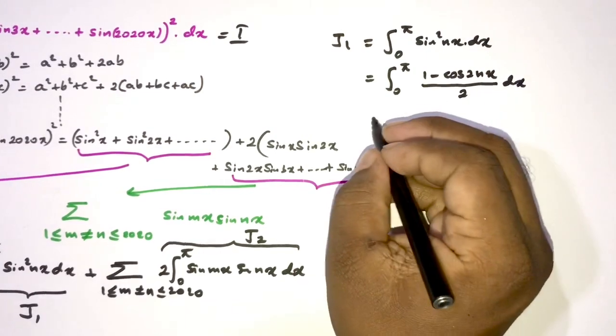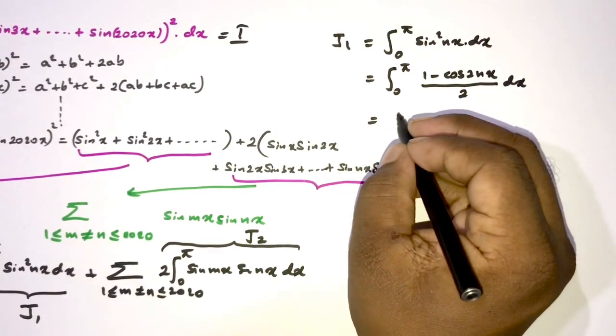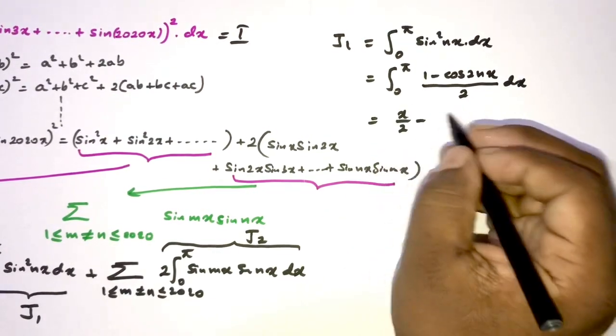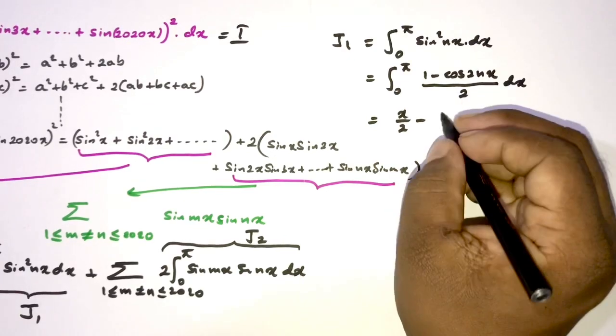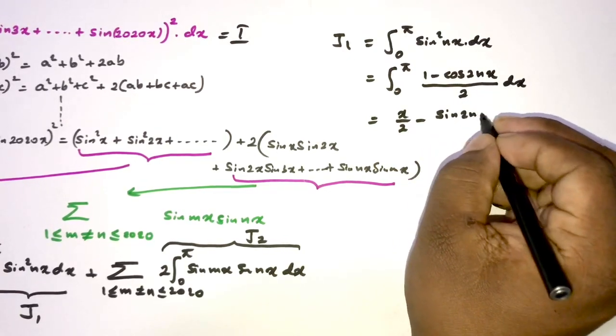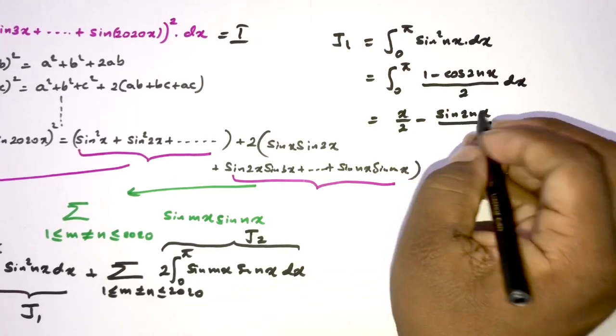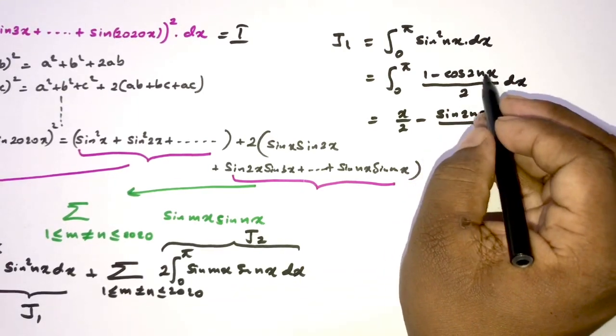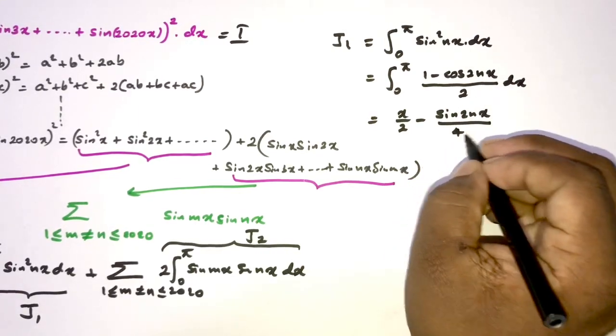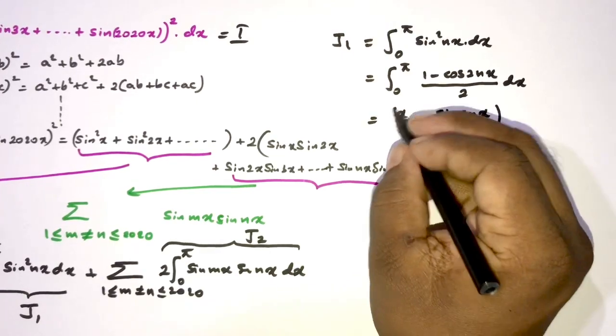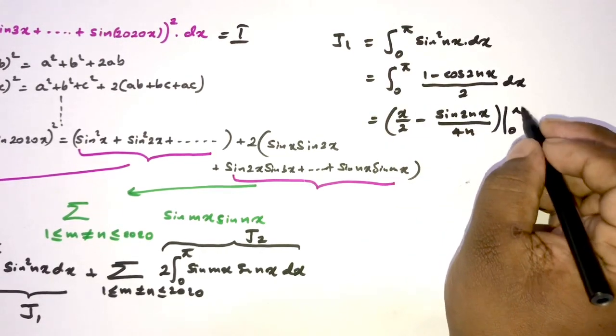If we integrate, we get x over 2 minus sine of 2nx divided by 4n, from 0 to pi.